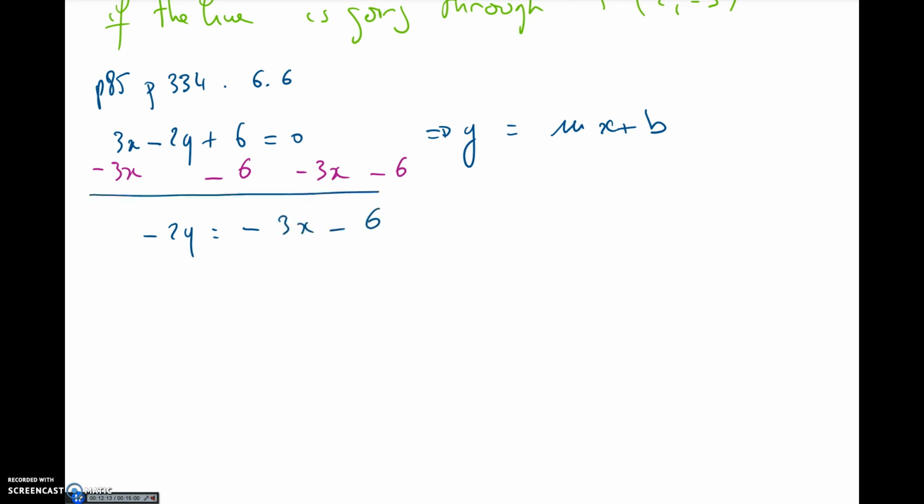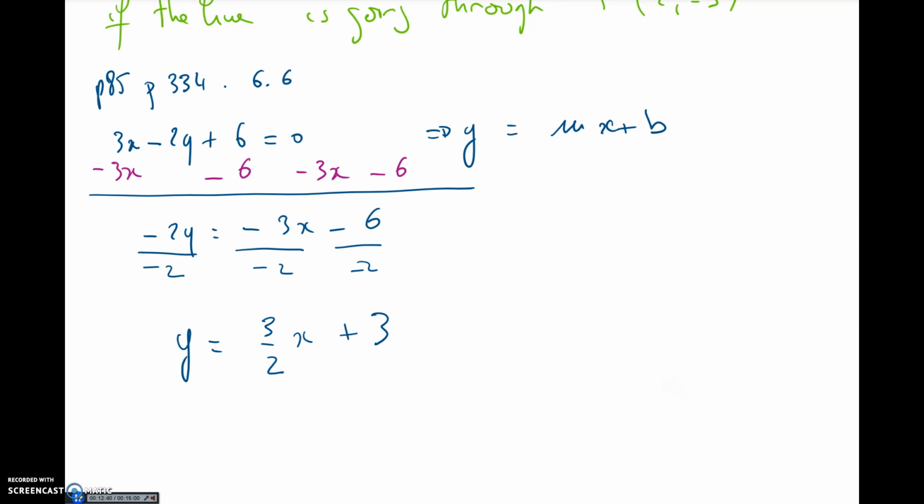Make sense? Then you need to get rid of -2, so you divide by -2, because -2 is multiplied by y. When you divide, you end up with y by itself, and on this side you have 3 over 2 x plus 3, because -6 divided by -2 gives you plus 3.